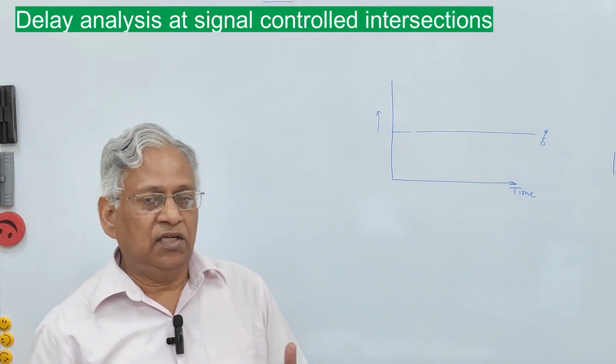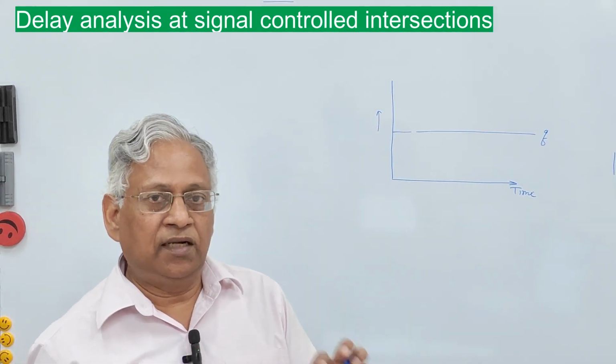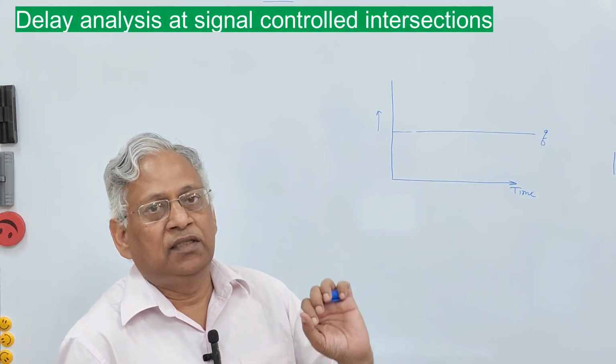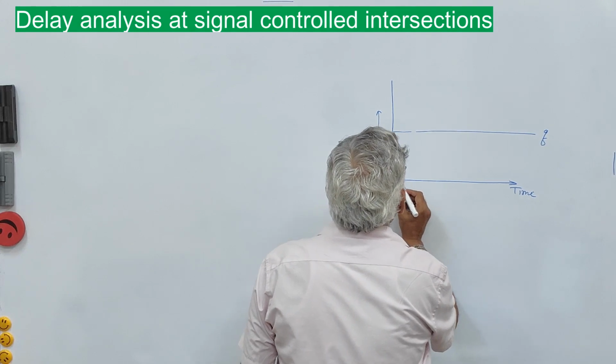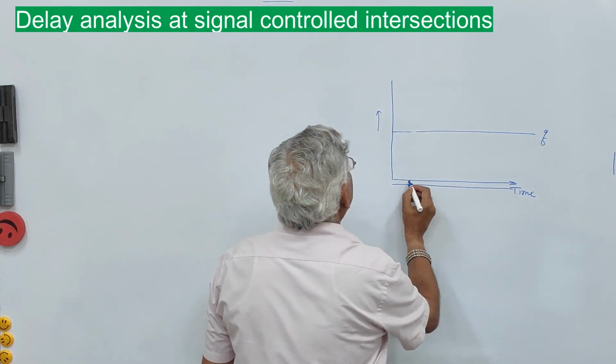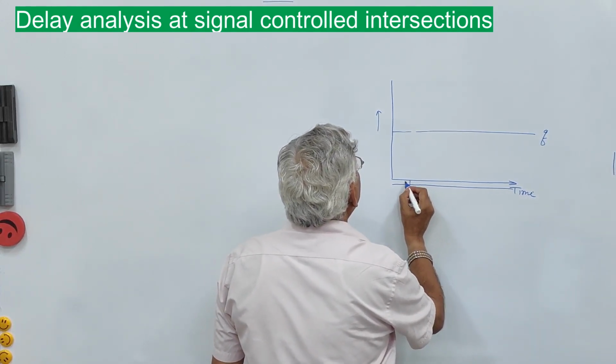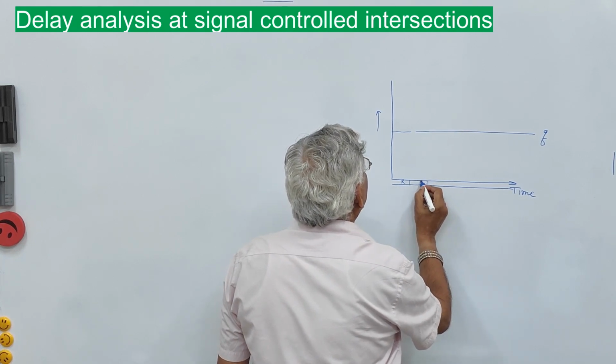Now, departure from the stop line will be 0 during red time and it will be maximum during green time. So, if you make, let us say, a signal here that this is the red time, then you have green.